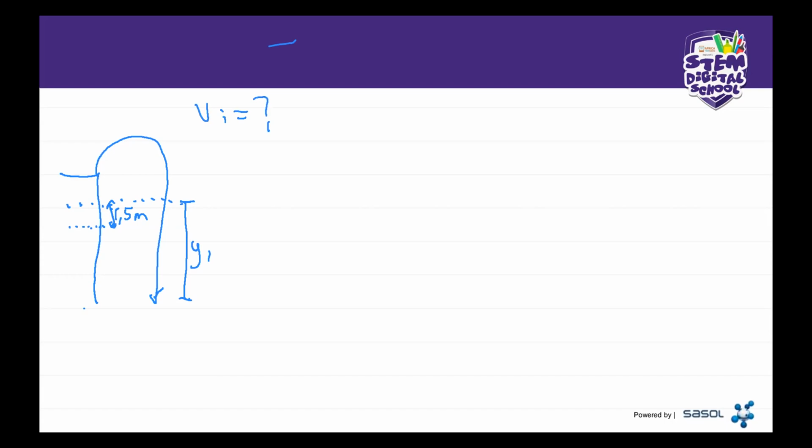That's our initial velocity from here to here. But the initial velocity from there to there, we do not know what it is, right? So what is our final velocity? Vf is also a question mark. We've got no idea. Okay.